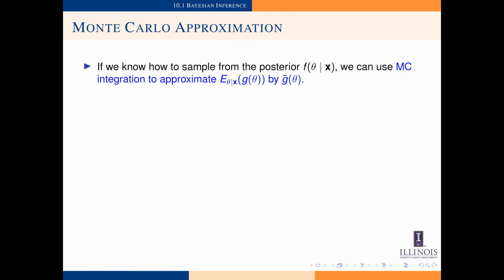So if we know how to sample from the posterior distribution f theta given x, then we can draw a bunch of theta samples from this posterior distribution, and then we can use Monte Carlo integration to approximate the expectation of g theta we're interested in. And that approximation is given by g bar of theta.